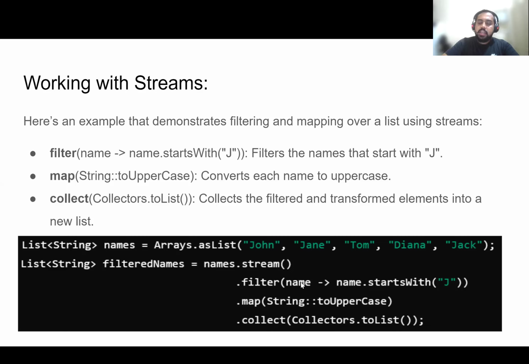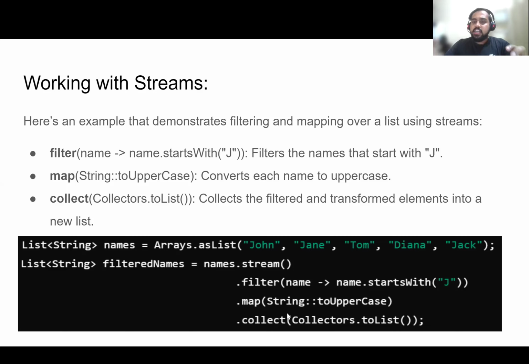This is just an individual element it refers to. .filter name means it gives one by one where name.startsWith J. I'm filtering the entire data and allowing only data whose names start with J, and .map. I'm using one more intermediate operation here, .map, where I'm making this string into uppercase. I'm formatting all the data whose name starts with J into uppercase.